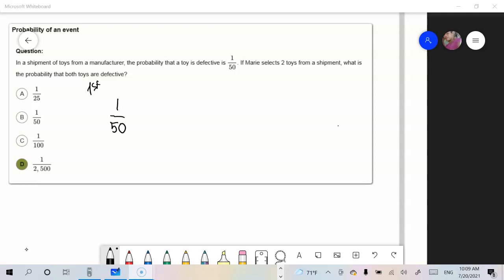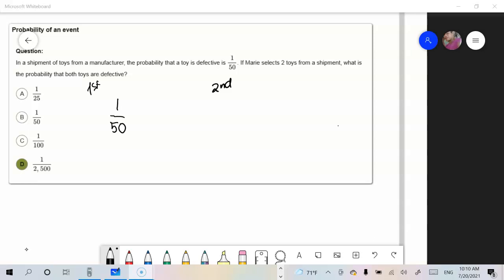Okay, so now she picks the object in the first experiment, she runs the experiment, and then she puts back the toy in the shipment. Now she runs a second experiment. So if she puts back the toy in the shipment, can you guess what will be the probability that a toy is defective again?